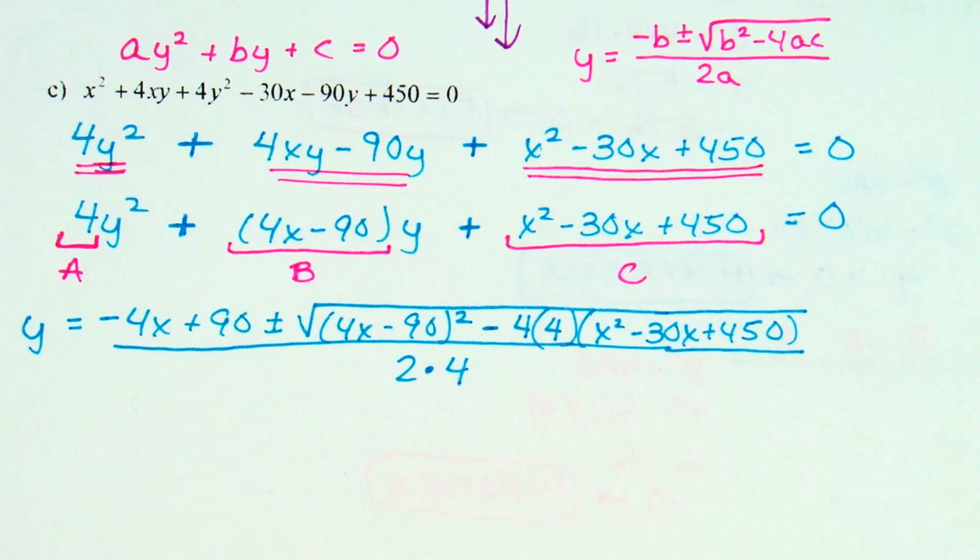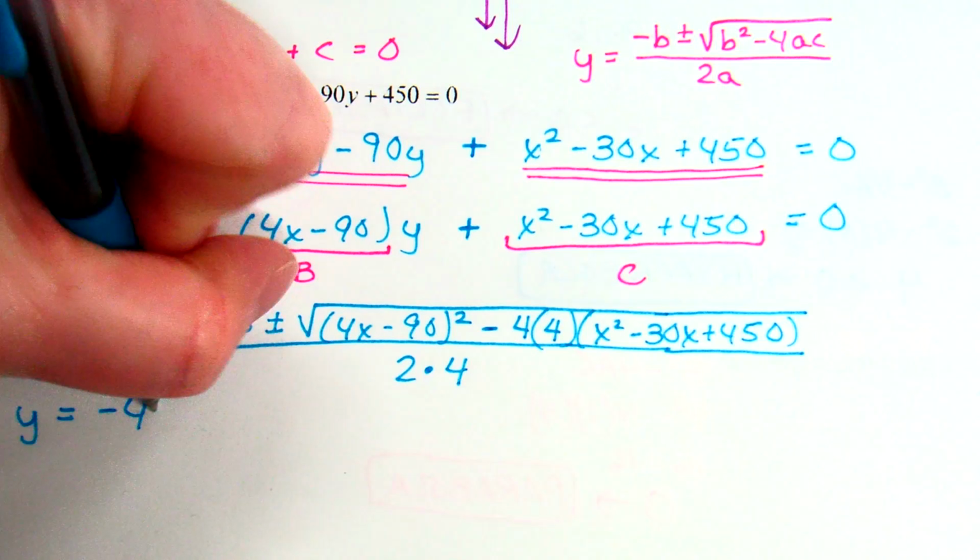All over, there's the 8 that Mason wanted. If you do another cleanup step under the radical, things start looking a lot nicer. So y equals negative 4x plus 90 plus or minus, 16x squared and minus 16x squared will cancel. Negative 720x plus 480x is negative 240x.